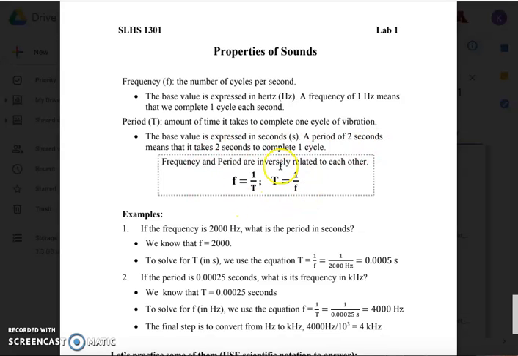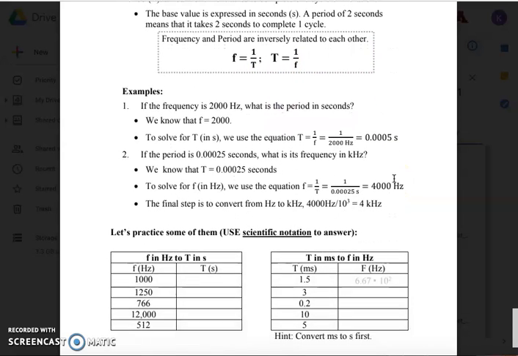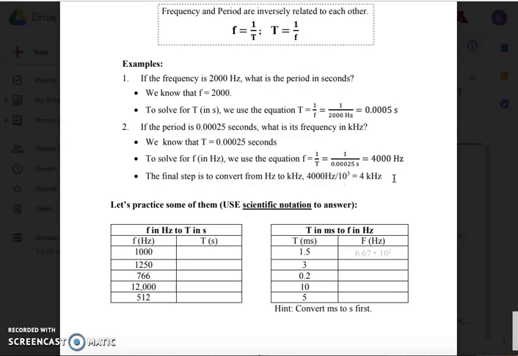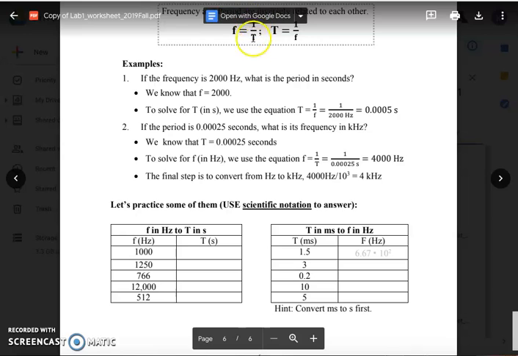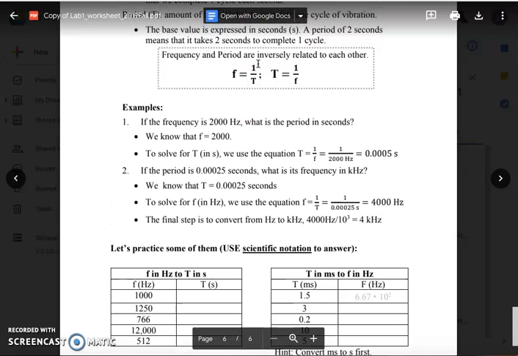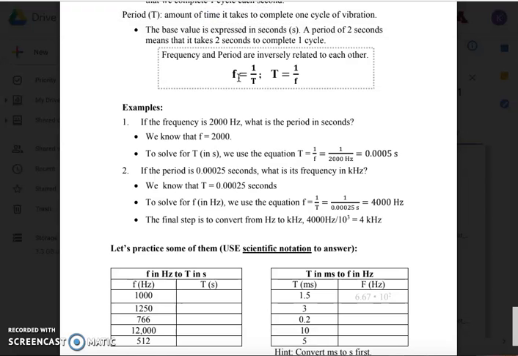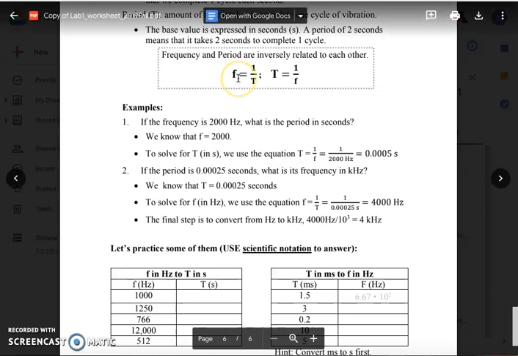And these are the equations that we're going to be using because this is how they're related to each other. When we do the math, we want to insert the information we know into the equation, because the symbol on the other side of the equal sign is what we're trying to find out.